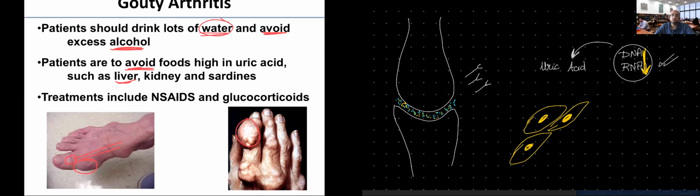All right, so what would you recommend those patients to eat? Try to prevent meat. So if everything has DNA, what should those patients eat? What do you think?